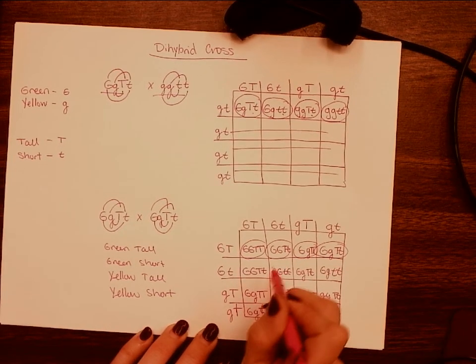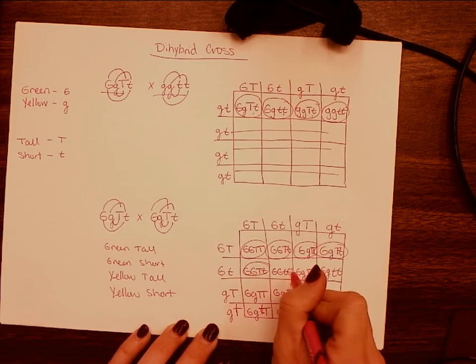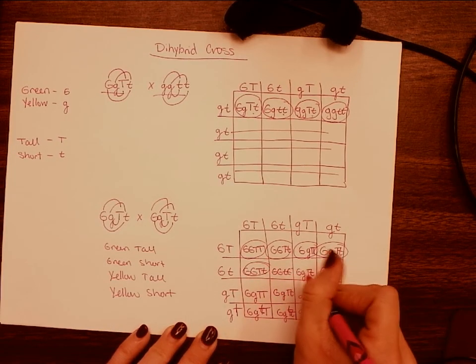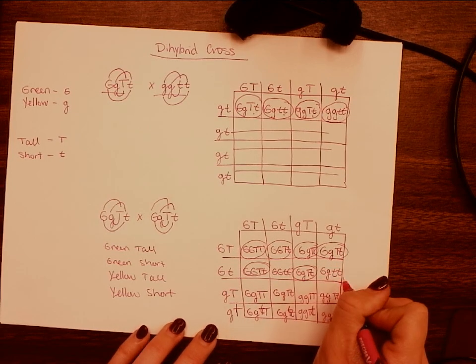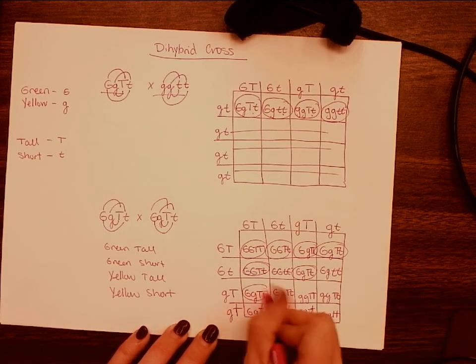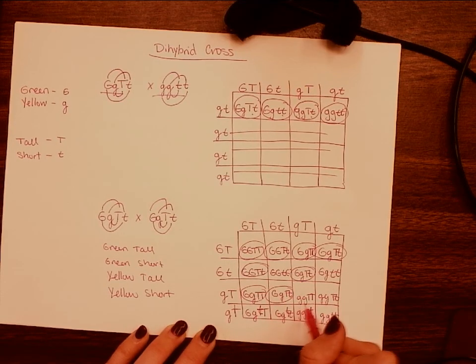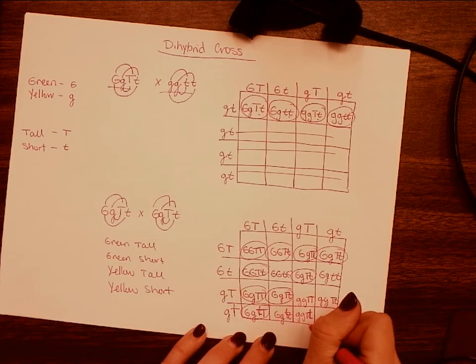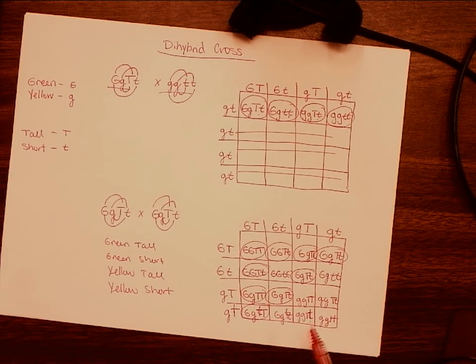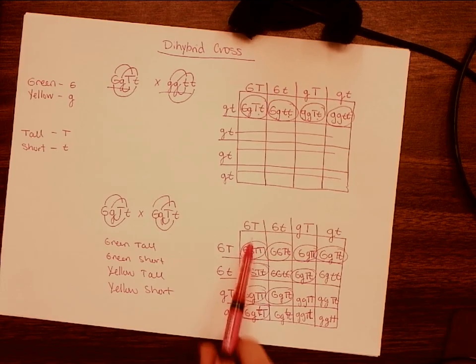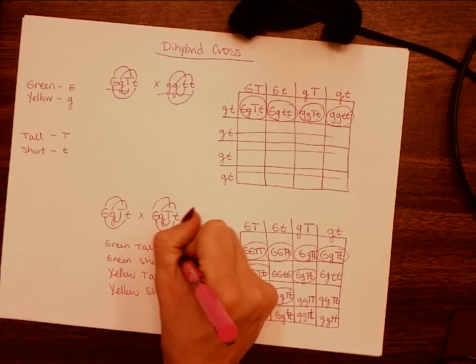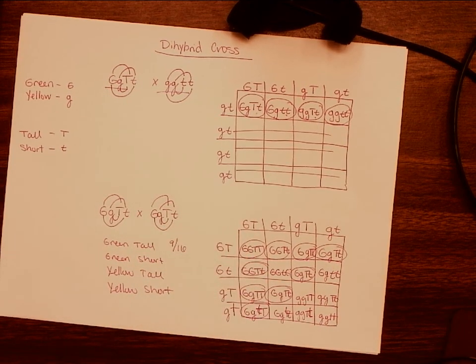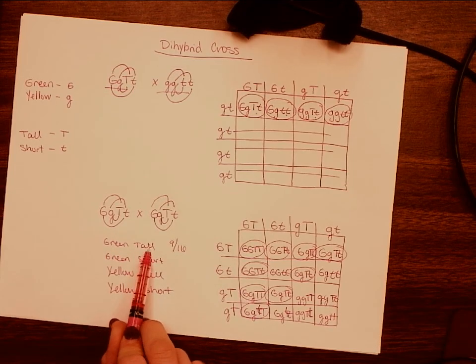We then see we have green and tall, we have green and short, nope, then we have green and tall, green and short. So we have green and tall, yellow tall, yellow tall. We have green and tall, we have green and short, we have short and yellow. Okay, so this looks like we got everything right. If we count how many we have, 1, 2, 3, 4, 5, 6, 7, 8, 9. 9 out of 16 are going to be dominant, dominant.